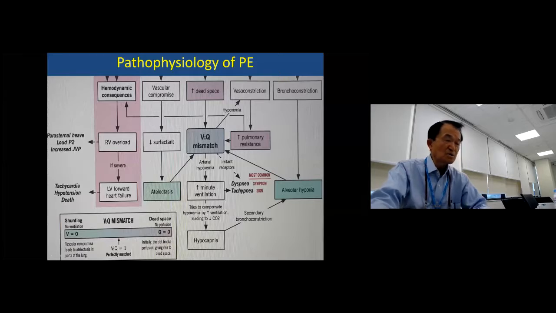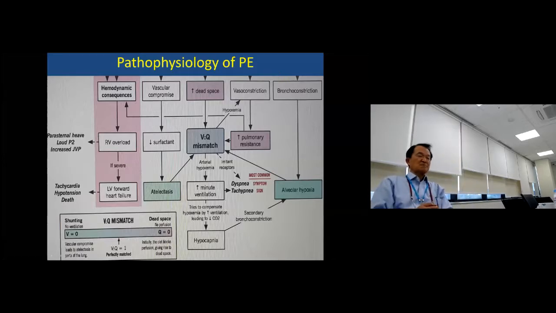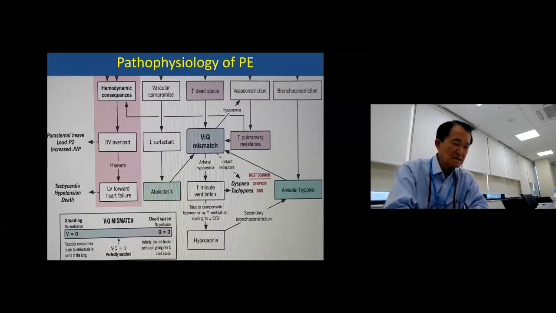And also a current problem is chronic pulmonary hypertension, without therapy. So that will cause a lot of other lung problems.